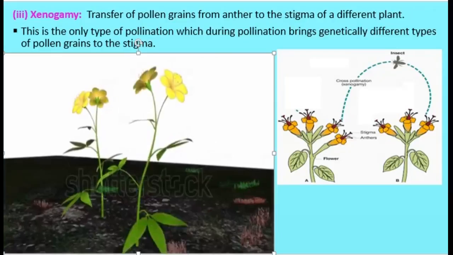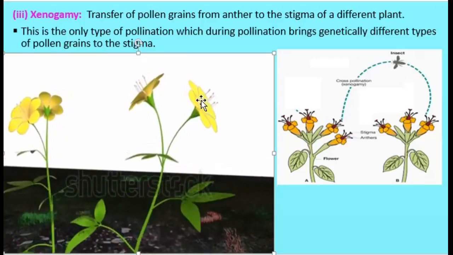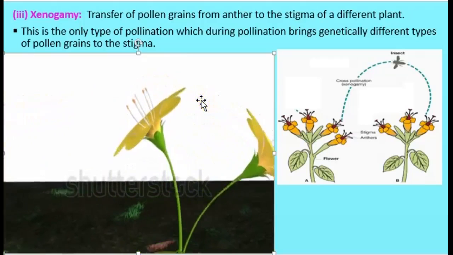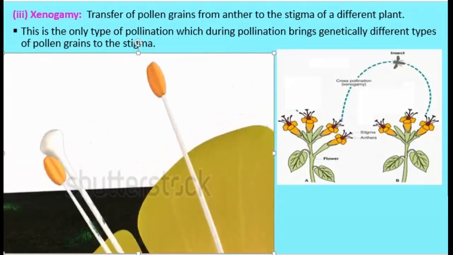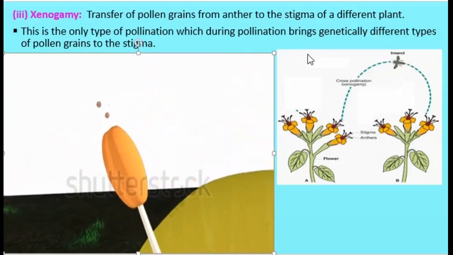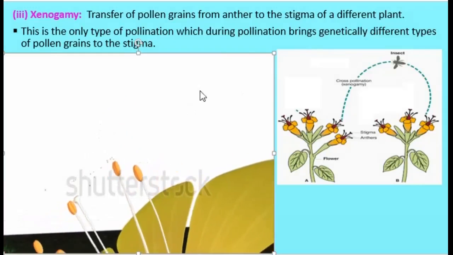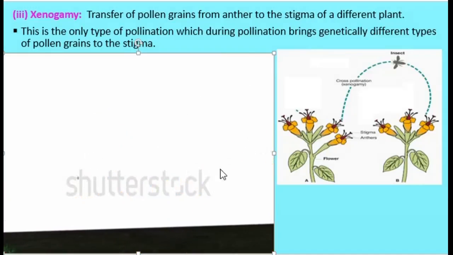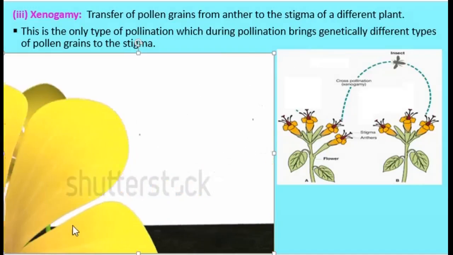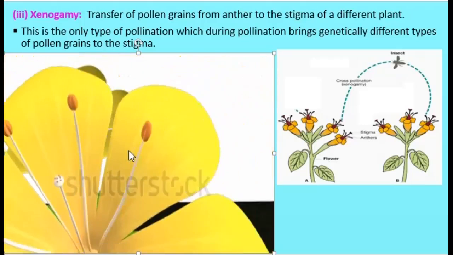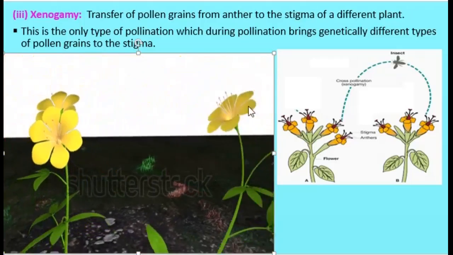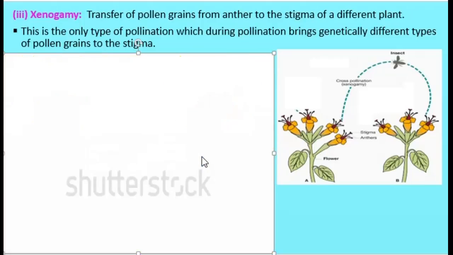Let us watch this video once again. These are the pollen grains, and these pollen grains are transferred to the stigma of the flower, and these two flowers are present on different plants. So this type of pollination is known as xenogamy.